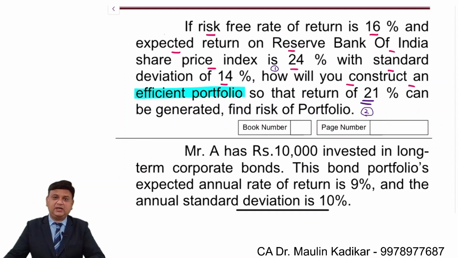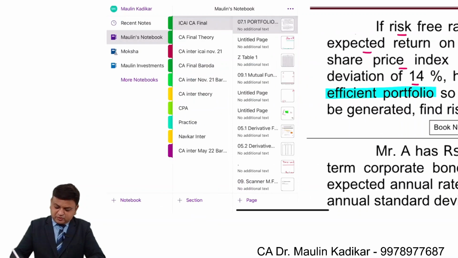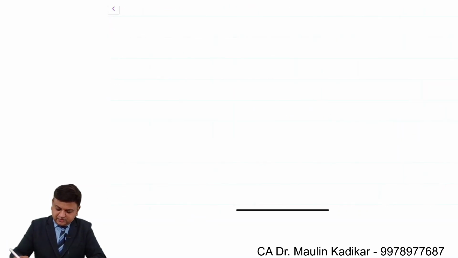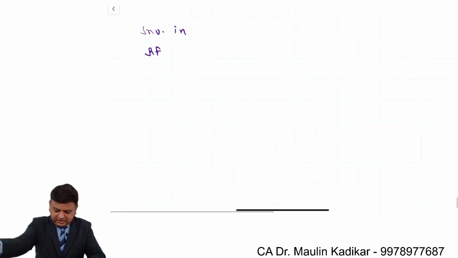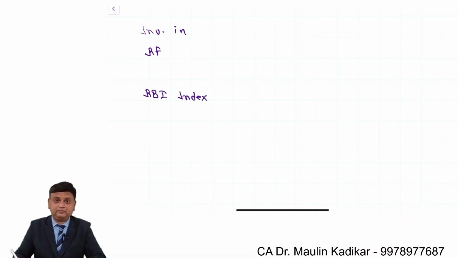So let us see how to compute the answer. Investment is supposed to be made in two securities. One is a risk-free security, and the other is the Reserve Bank of India index. Let us assume the weights are x and 1 minus x.